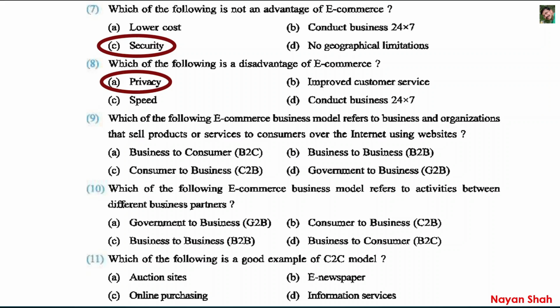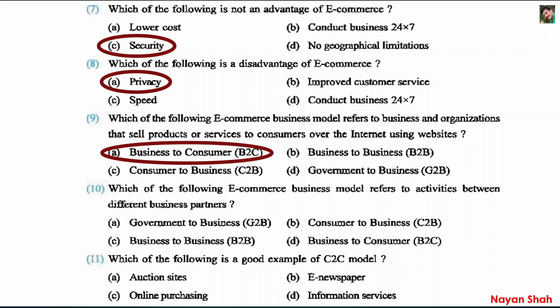Then which one of the following refers to the business that sells products to consumers? It is obvious, business to consumer, that is B2C. B2B is between two business houses. C2B is a reverse auction, consumer to business, and G2B is government to business.